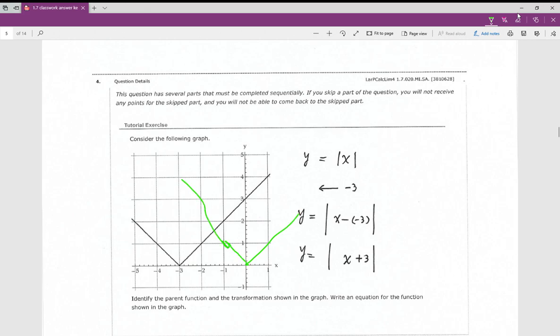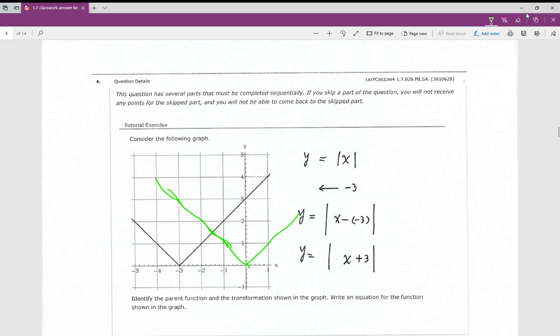Pretend I graph it: here, here. A V shape.